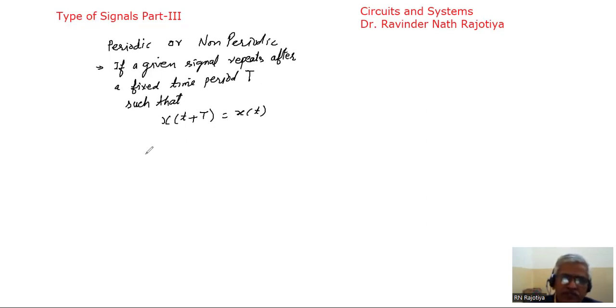This means, for example, you have a signal with a time period T. If the signal repeats after T and goes on, then we will say that this particular signal is a continuous periodic signal.